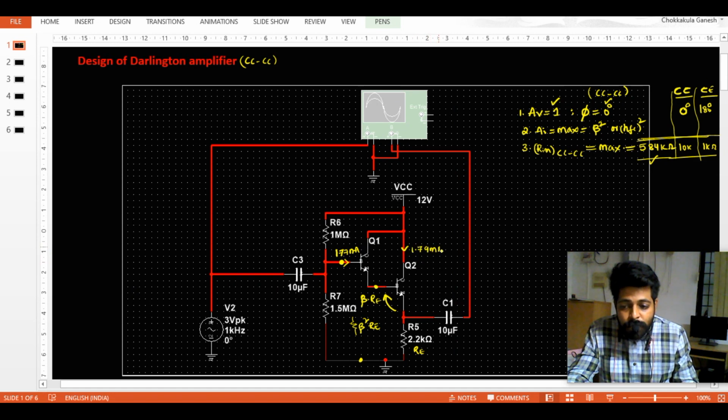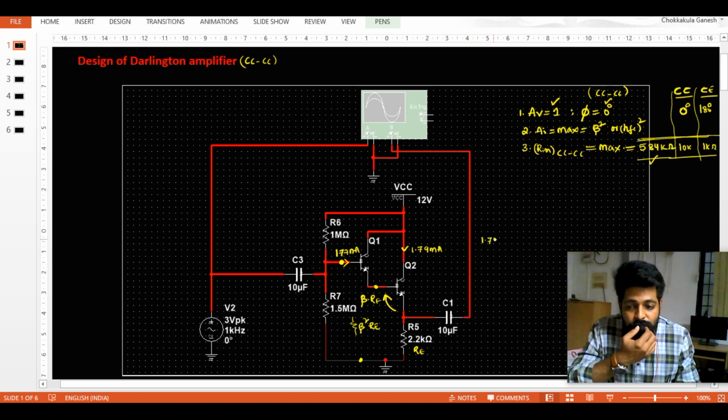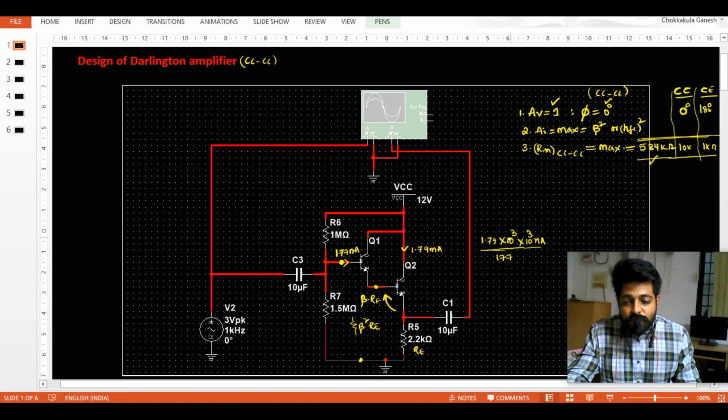Where if I calculate the current gain, 1.79 milli means 10 to the power of 3 in nano amperes scale, and the input current is around 177 nano amperes.